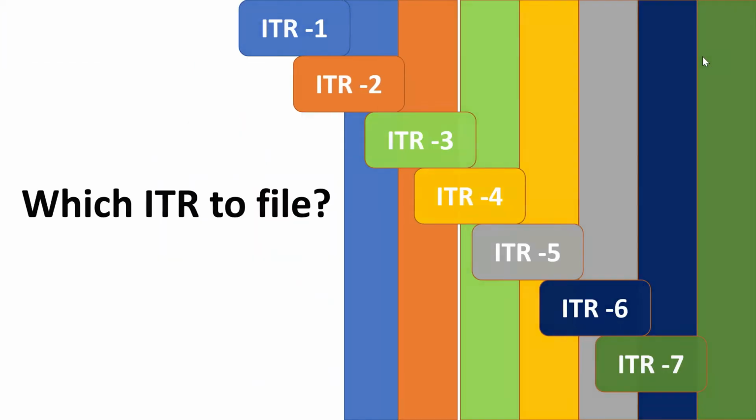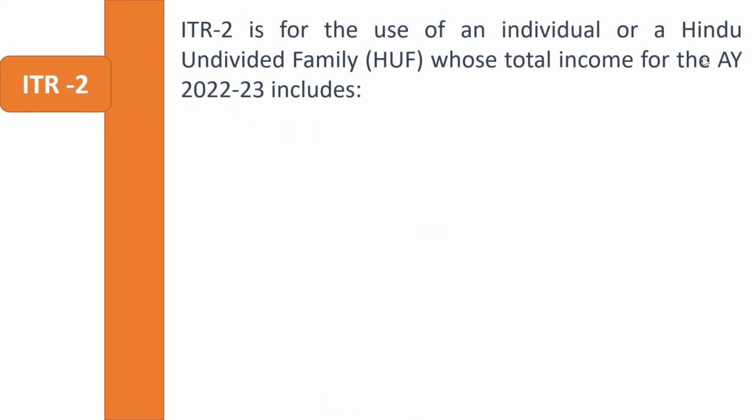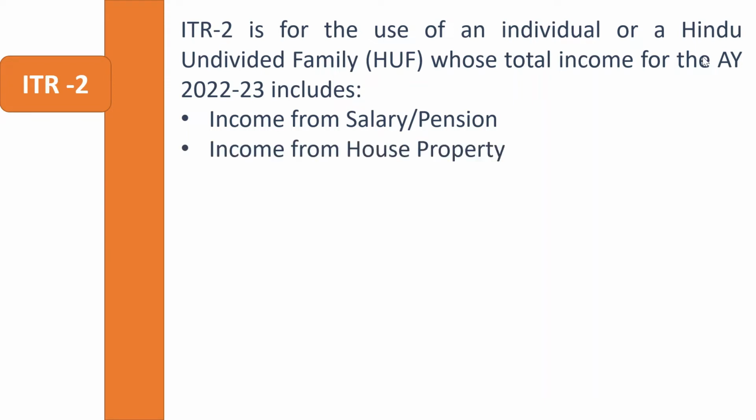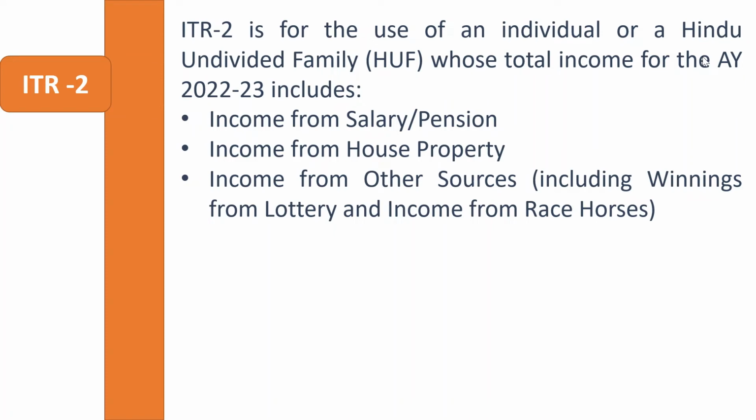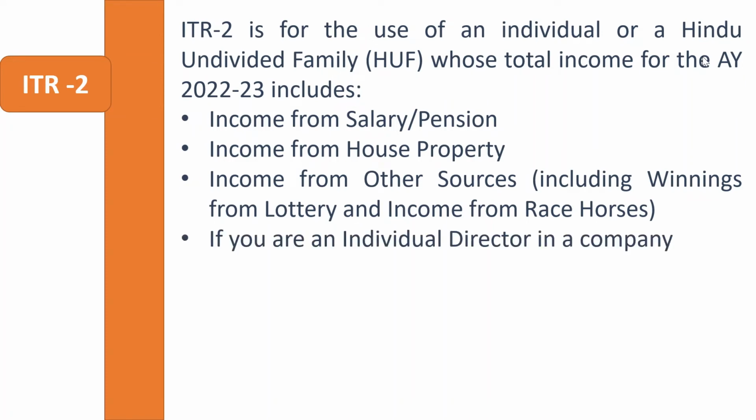Now let's understand ITR2. ITR2 is for the use of an individual or a Hindu undivided family, HUF, whose total income for the assessment year 2022-23 includes income from salary or pension, income from house property, income from other sources including winnings from lottery and income from race horses.